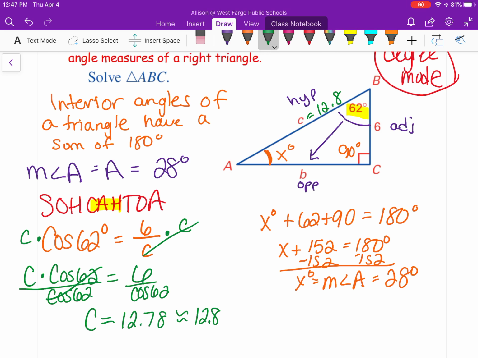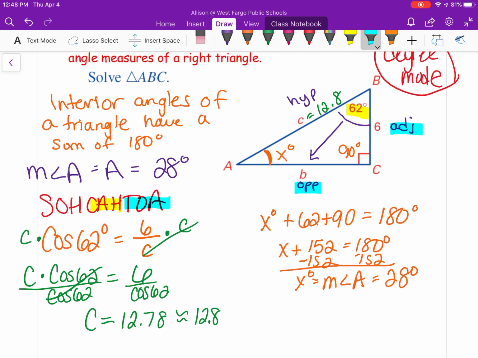So that was how I found my hypotenuse. Now I want to solve for my opposite side. I need to use a trig function that uses the opposite side, and since I have been given the adjacent, I want to use the adjacent side as well. Which trig function uses opposite and adjacent?